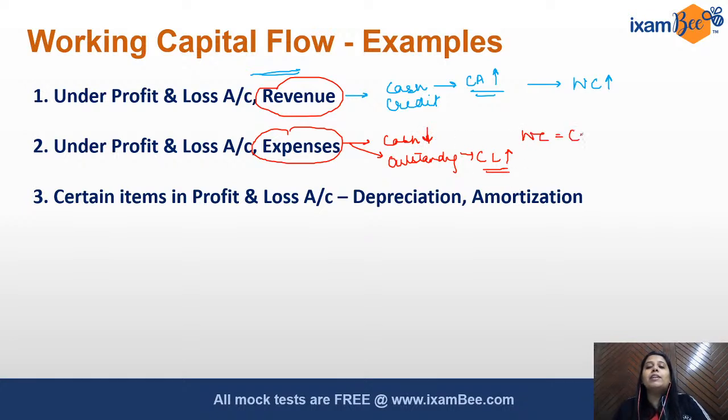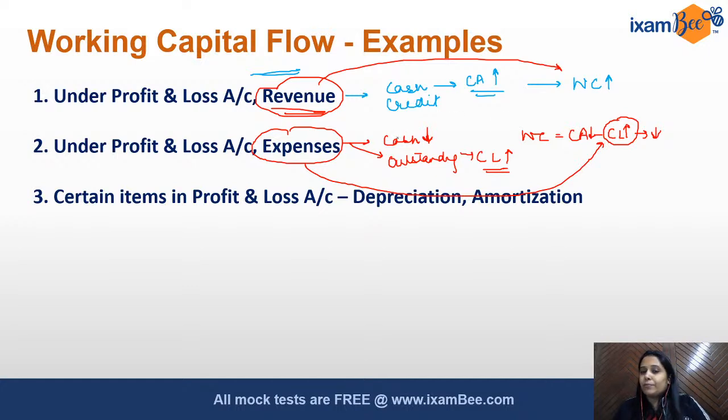The formula for working capital is current assets minus current liabilities. If cash goes down, working capital as a whole will go down. If current liabilities increase, again in isolation, then also working capital will fall. So the conclusion is that generally because of revenues your working capital will increase, and generally because of expenses your working capital will go down.